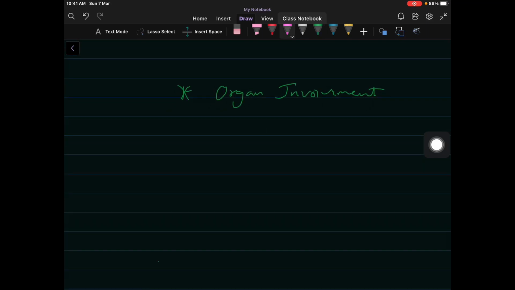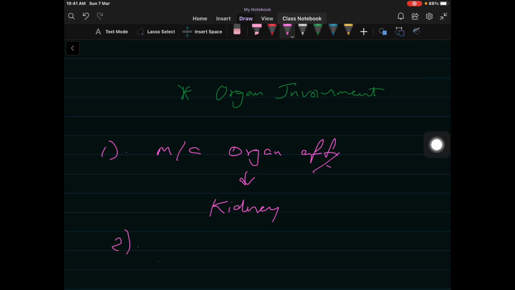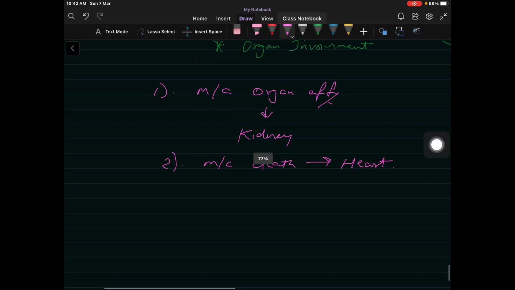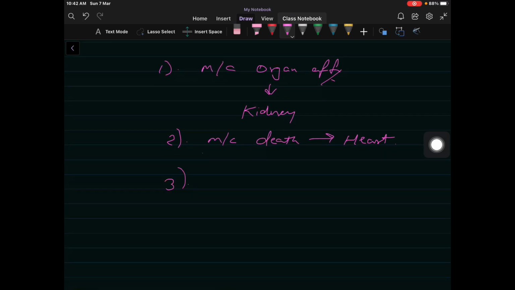The general points which must be remembered are: first, the most common organ affected is the kidney. Second, the most common cause of death in primary amyloidosis is heart disease, due to heart involvement.